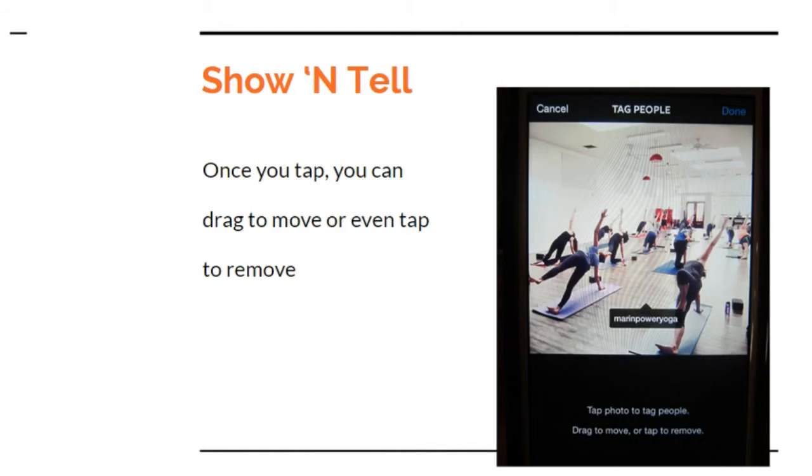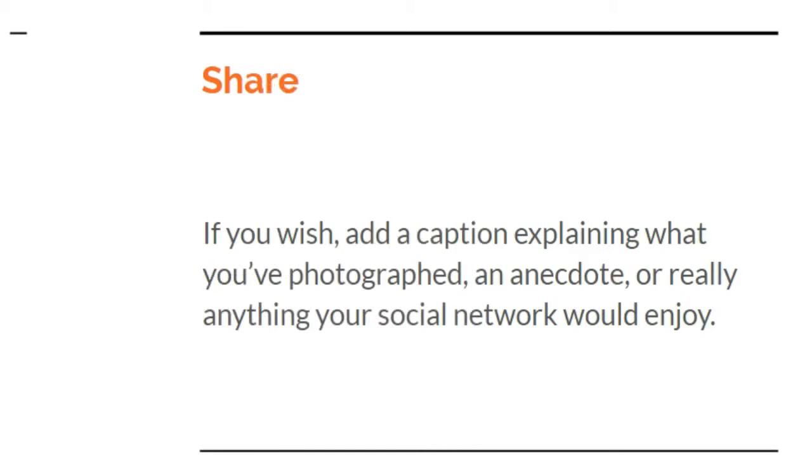Once you tap on that, you can move this image and move it around. Obviously my slides got a little mixed up. That's supposed to be in with tagging your friends. I'm so sorry.